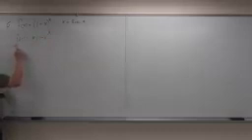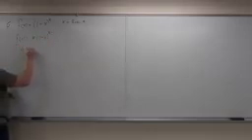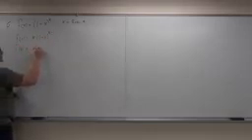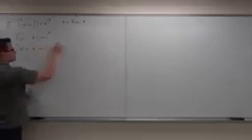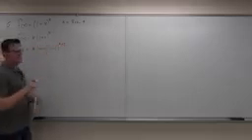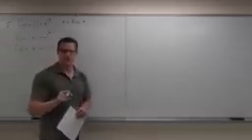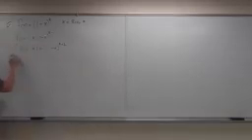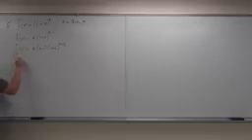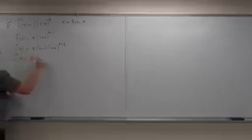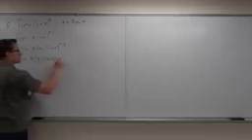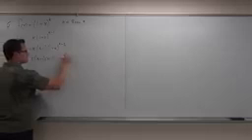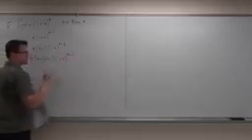The second derivative would give us k times k minus 1 times 1 plus x to the k minus 2. Are you hanging on with me here? Okay. The third derivative would give us k, and then k minus 1, and then k minus 2, and then 1 plus x, and then k minus 3.